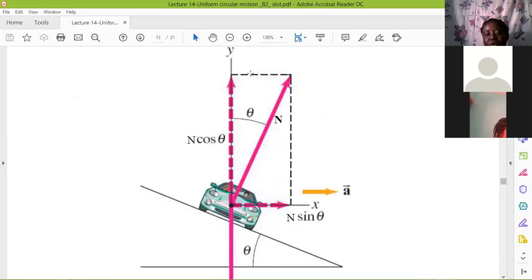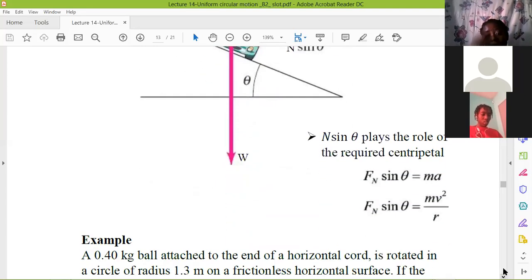If you consider the angle, this is our opposite, this is our adjacent. So the normal force in y is equal to the normal force times cosine theta, while in x it is equal to the normal force times the sine of the angle.